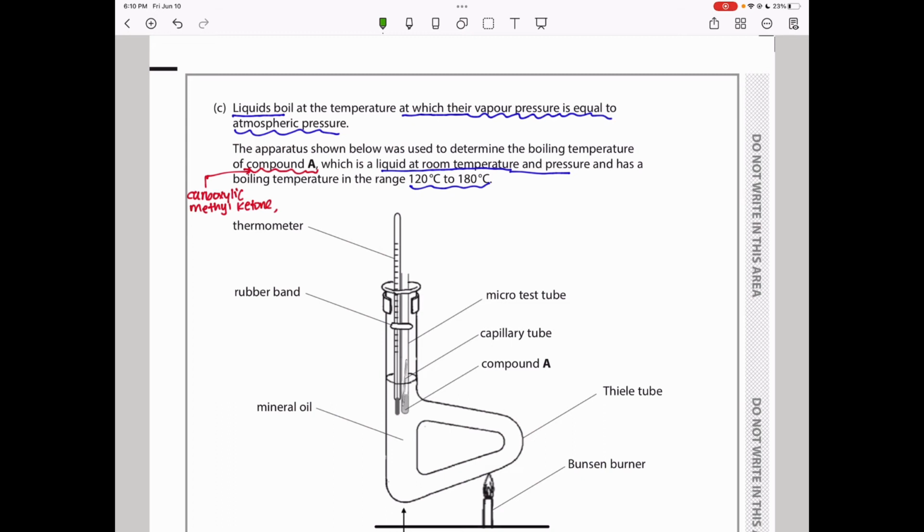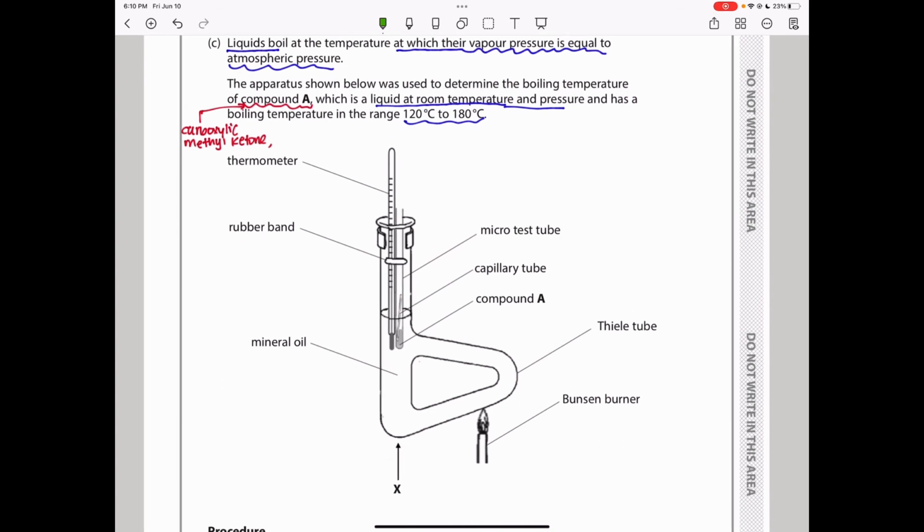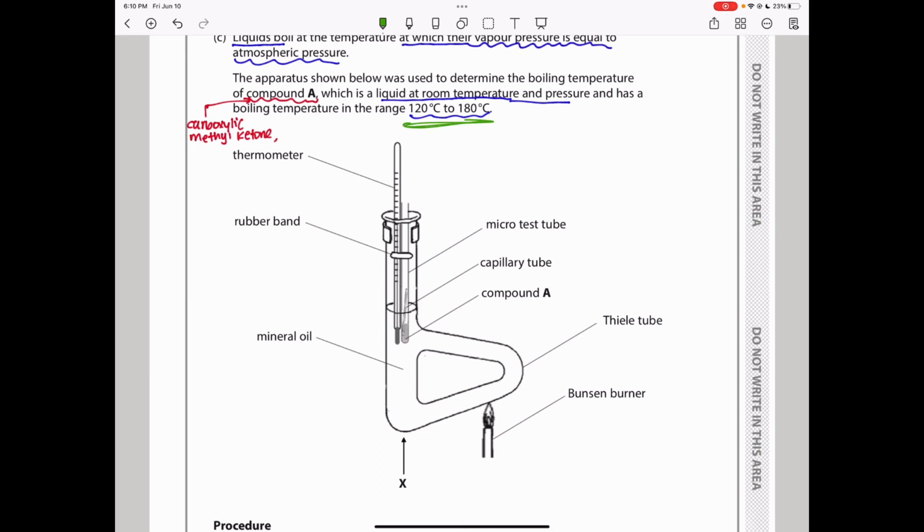Next part says, liquids boil at a temperature at which their vapor pressure is equal to atmospheric pressure. So they say the apparatus shown below was used to determine the boiling temperature of A, which is a liquid at room temperature and pressure and has a boiling temperature in the range of 120 to 180.